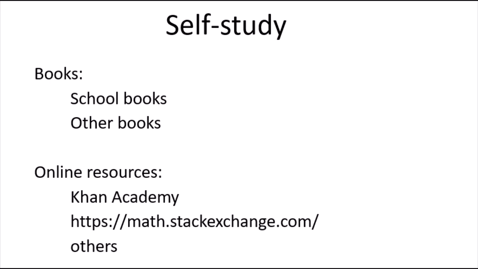Khan Academy is a very good one. It has all of this material of basic mathematics. And you might also want to check out the forum Math Stack Exchange. They have some questions and answers. You can also join the discussion, ask questions, and so on.